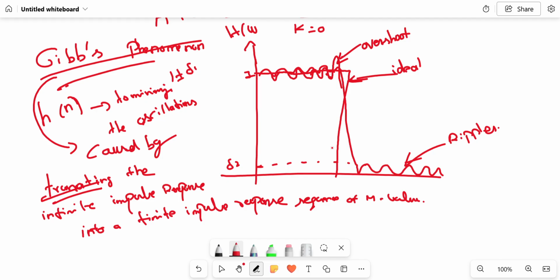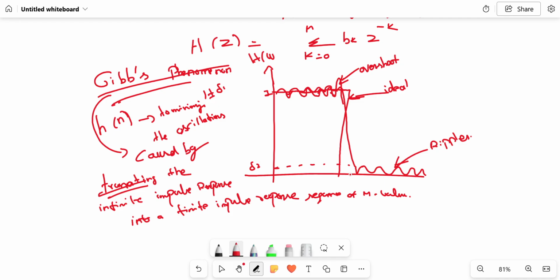In the next session we will solve problems, but before closing, one more point. In the window technique, we have discussed the rectangular window, and in the rectangular window there are more discontinuities and more spectral leakage.